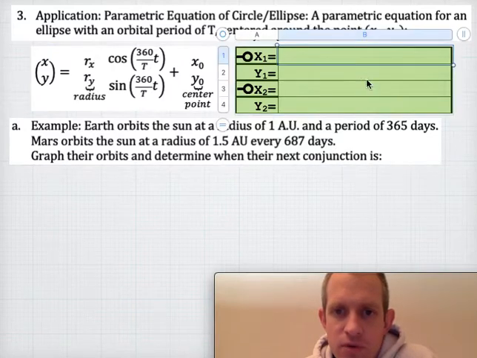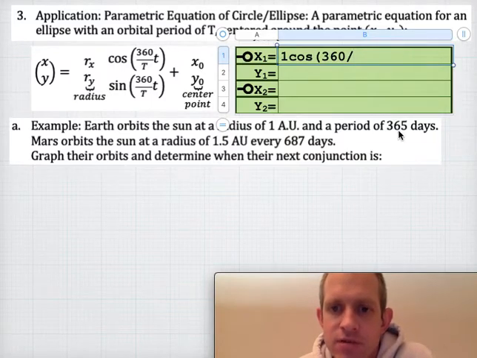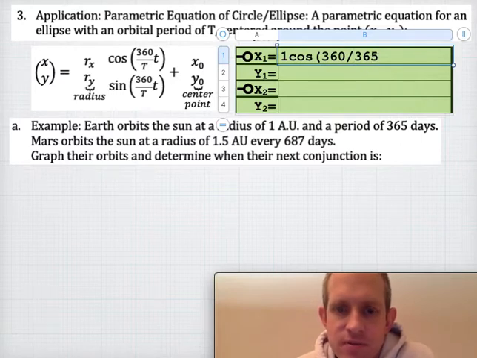So for the equations for Earth, I'm going to set up the radius of 1 times the cosine of 360 over Earth's period. That is, how long does it take for Earth to orbit the sun? That's 365 days, multiplied by time.